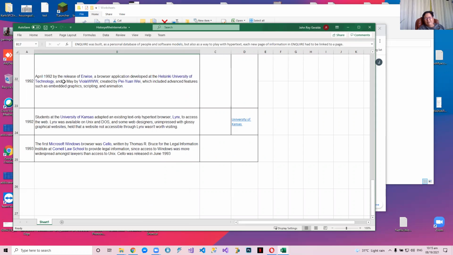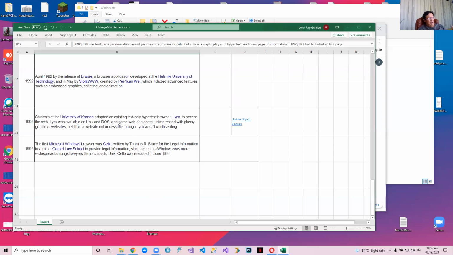It's a browser which can embed graphics, scripting, and animation. In 1992, in the US, they produced Lynx. Lynx is a text-based browser. You can only browse text, which runs on Unix and DOS. So now we have a browser in 1992. It runs on DOS. Do you follow?